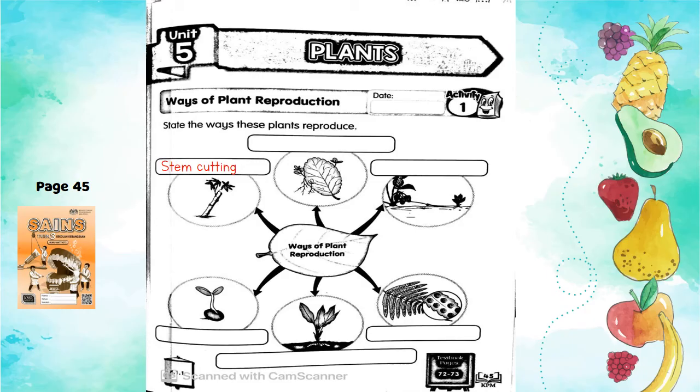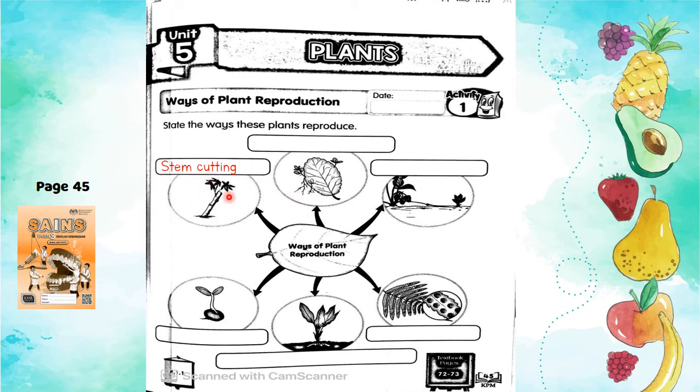Now let's look at your activity book, page 45. State the ways these plants reproduce. There are 6 ways that we've learned before.